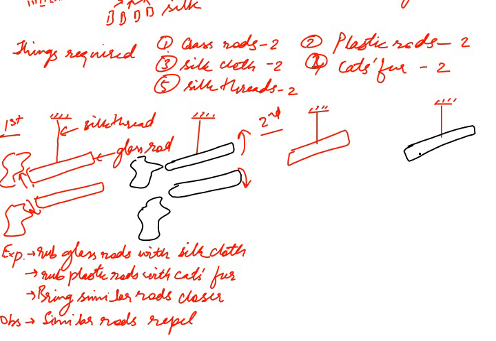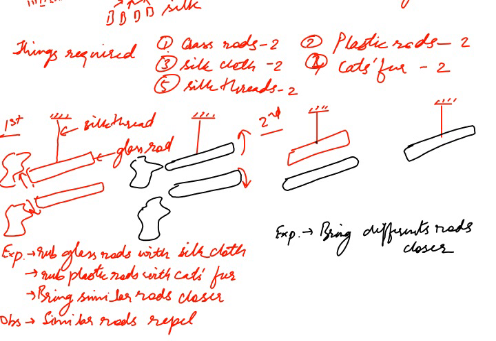Now instead of bringing similar rods closer, I will bring different rods closer. I will bring the plastic rod closer to the hanging glass rod and the glass rod closer to the hanging plastic rod.